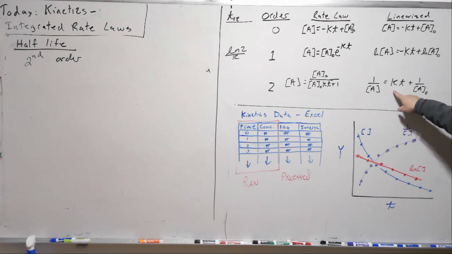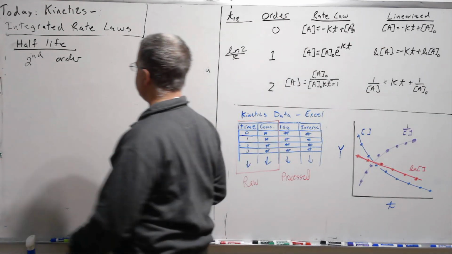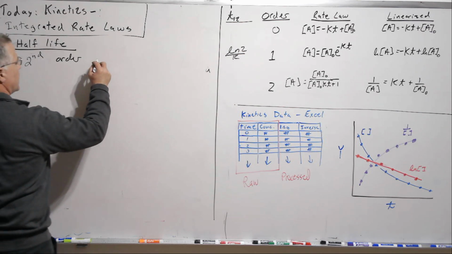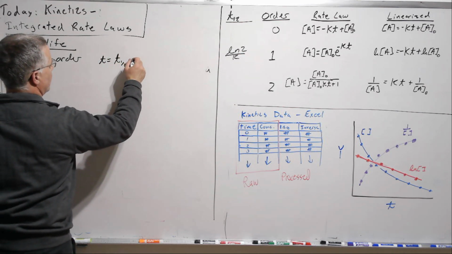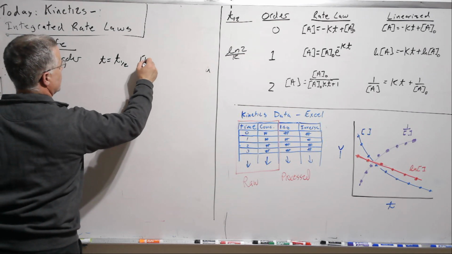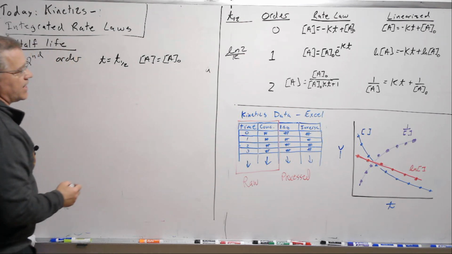Let's actually start with the linearized version here. That might be easier. So again, t equals t 1/2, then A equals A naught over 2.